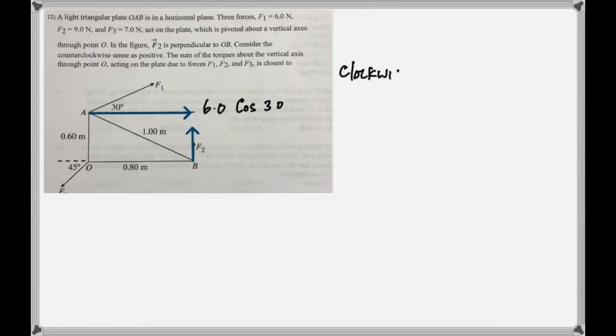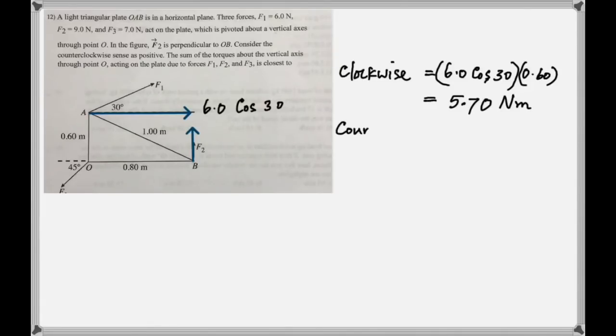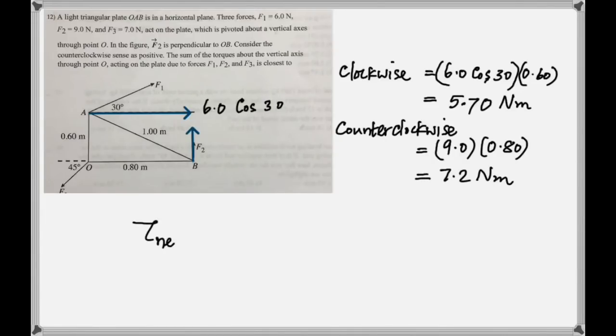So that's 6 cosine 30. And so 6 cosine 30 times 0.6 is going to give the clockwise. While 9 multiplied by 0.80 is going to give the counterclockwise, which has to be taken as negative.